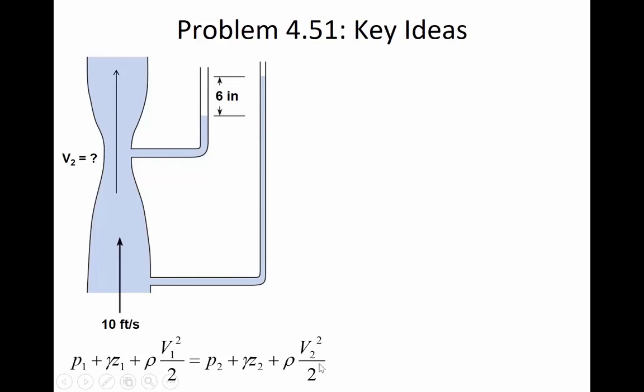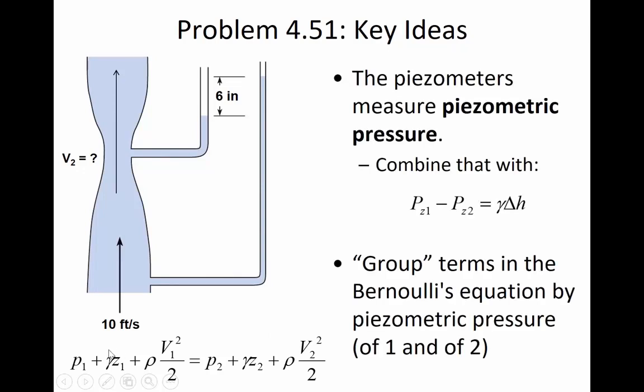So it's Bernoulli's equation that we can use to find the relationship between pressure change and velocity change. And so here 10 is the V1, and V2 is unknown. We don't know the actual pressures at 1 and 2, but we do know the difference in pressure, which is good enough because we can rearrange Bernoulli's equation in terms of a difference in pressure.